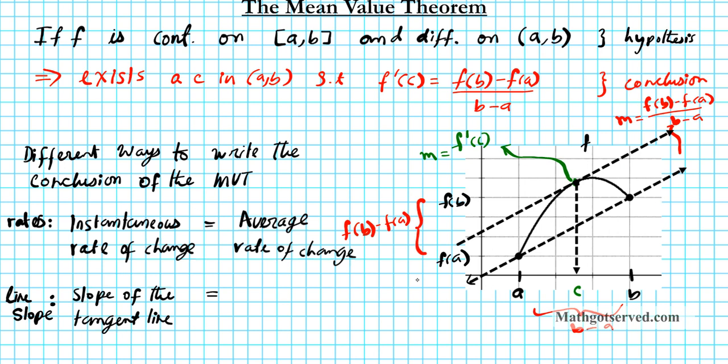That's another way of viewing the conclusion of the mean value theorem: the slope of the tangent line is equal to the slope of the secant line, where the point at which you're evaluating the slope is somewhere in the interval.